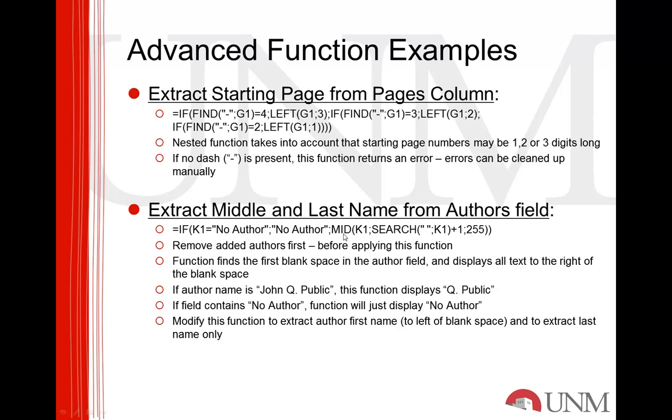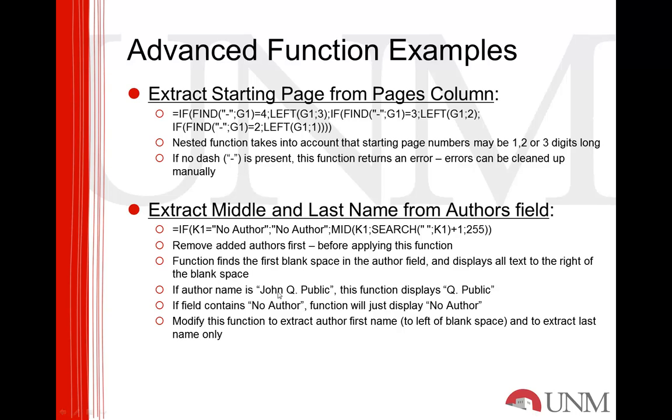and the last name. And this will give you a clue on how to write a nested function so that you can extract pieces of the author names out of the author's field. To use this part of the function here, you need to remove all the added authors first. So you need to perform that operation first before you use this function.